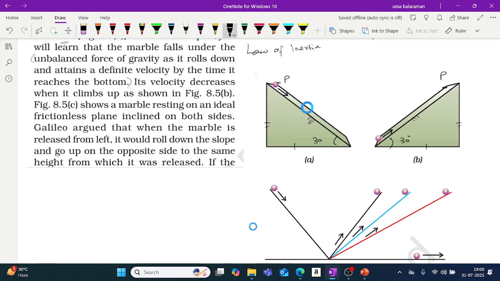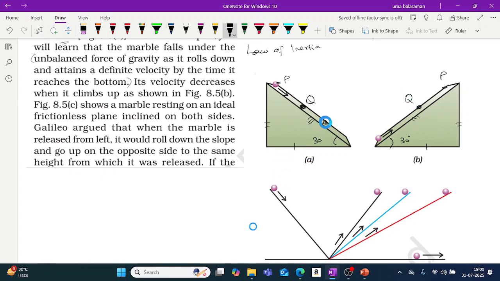If he took two identical inclined planes and started the marble at P, it came all the way down and climbed all the way up the same distance. Suppose he started the marble at Q, it came all the way down and climbed all the way up to Q here.